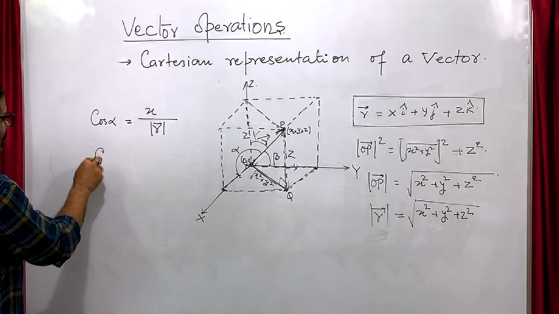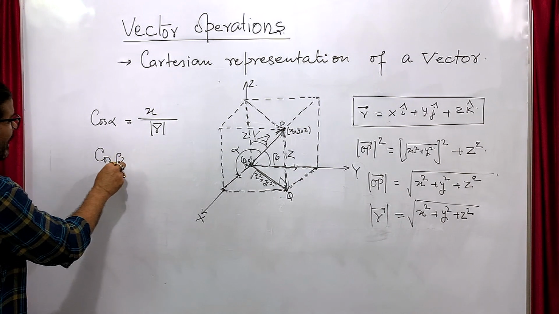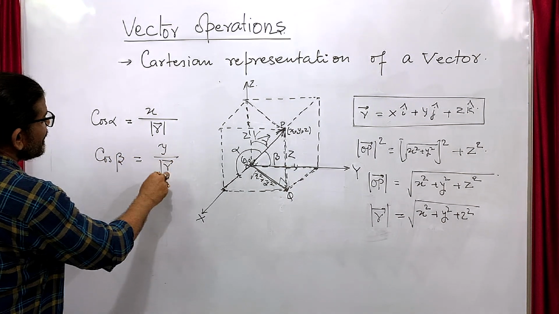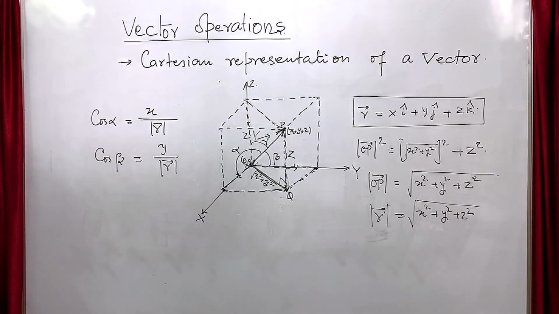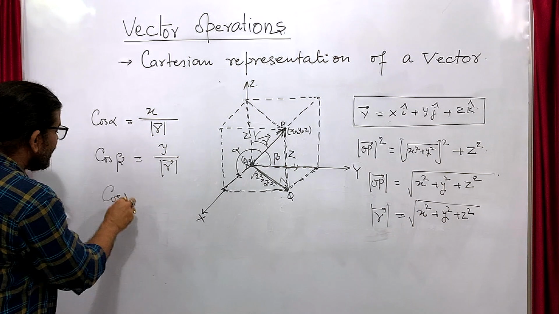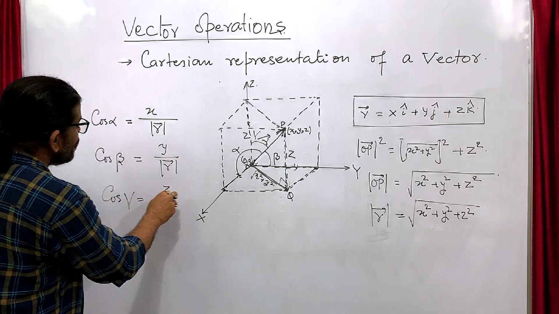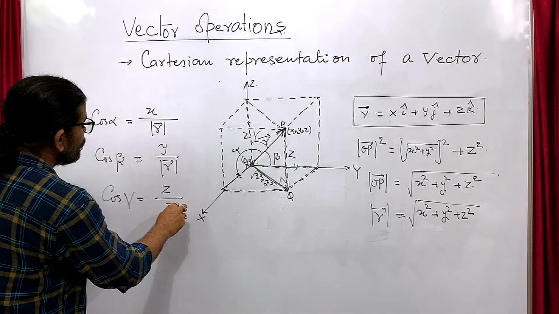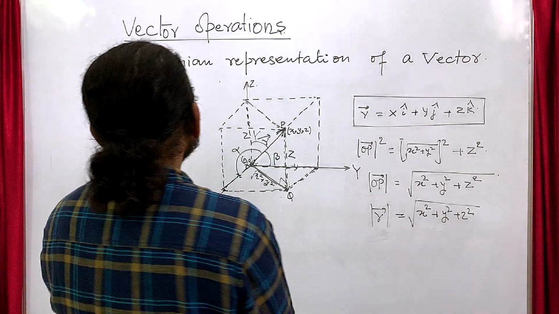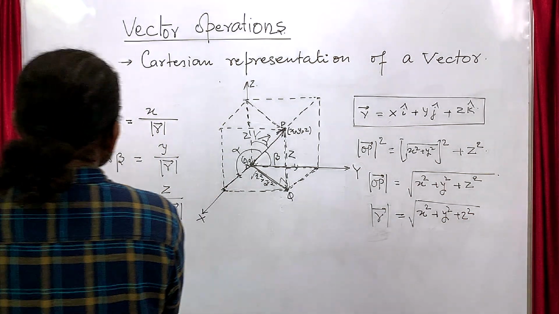Similarly, cos of angle beta is equal to the y component divided by the magnitude of the r vector, and cos of angle gamma is equal to z by the magnitude of the r vector.